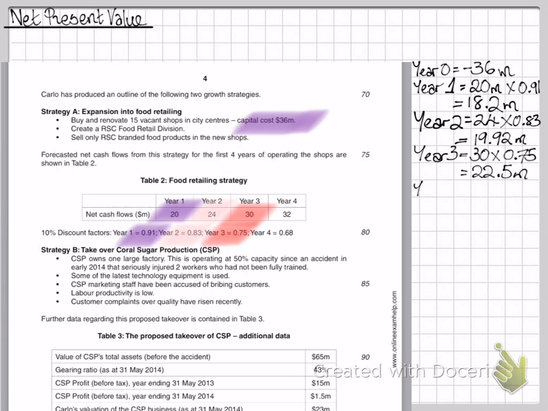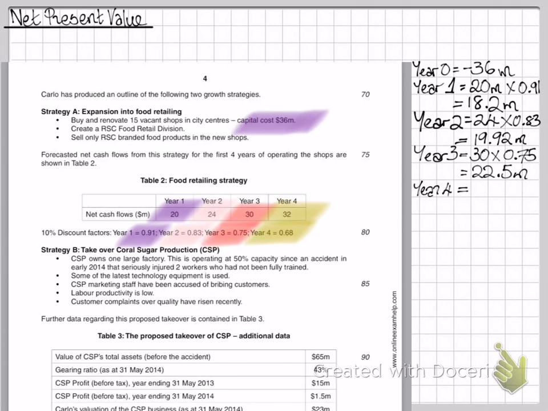Now looking at the last inflow, we go back to our table. The inflow in year 4 was 32 million. Now the equivalent discount factor is 0.68.